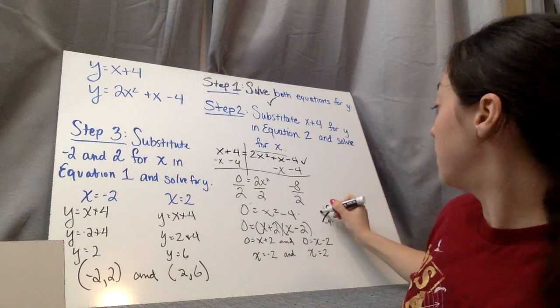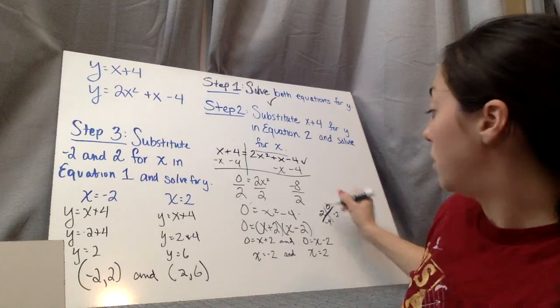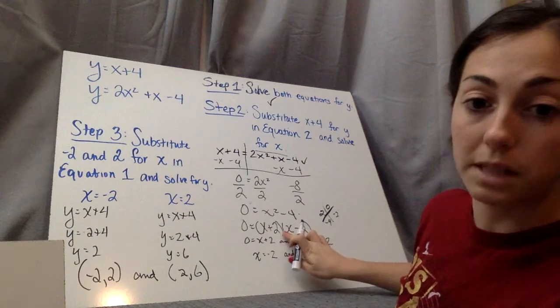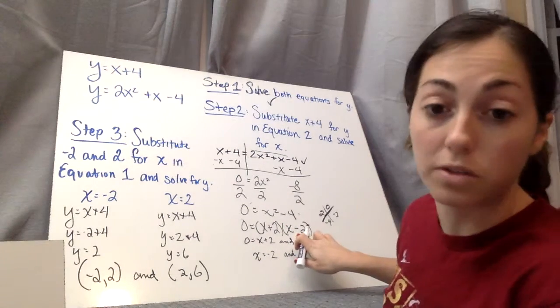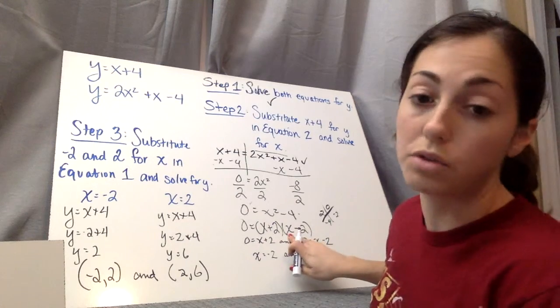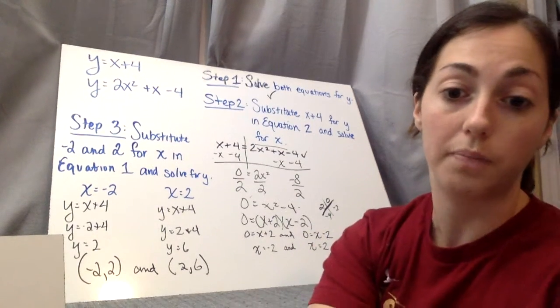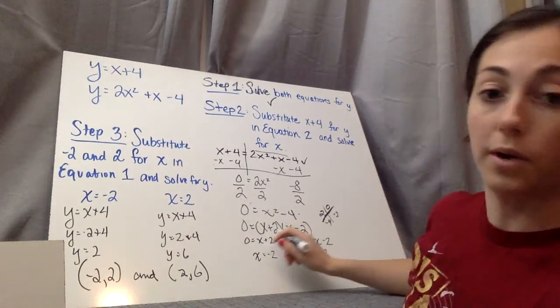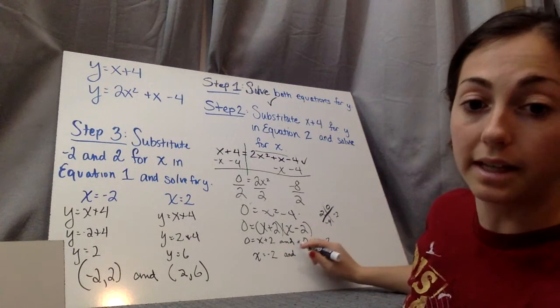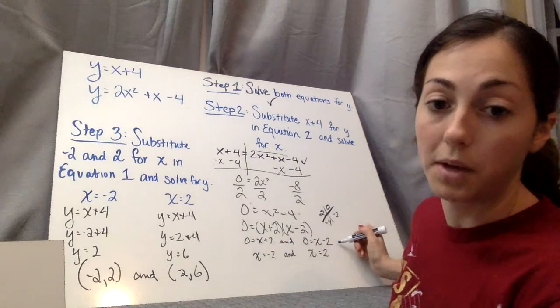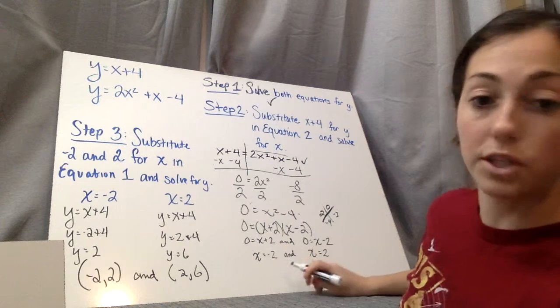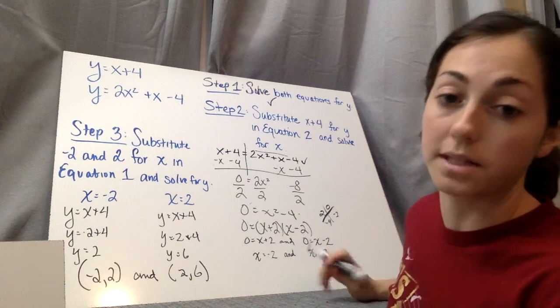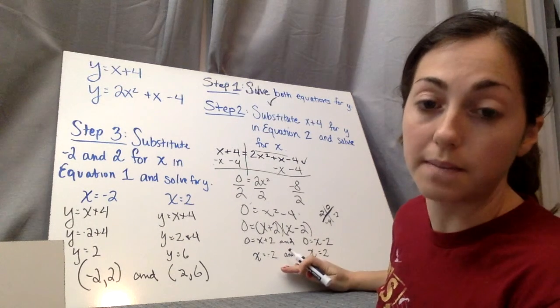Well, that's positive 2 and negative 2. So that's why I have here x plus 2 times x minus 2. I factored this out. Whatever method you choose to factor it is totally fine. And then I solve for it. I have x plus 2 equals 0 and x minus 2 equals 0, meaning x equals negative 2 and x equals positive 2. So that is all in step 2.